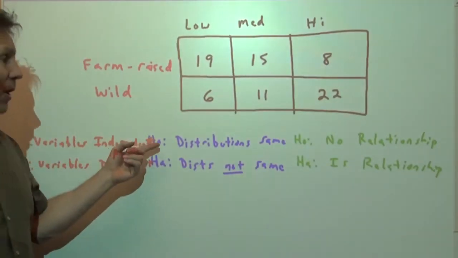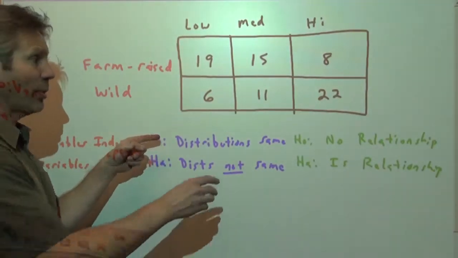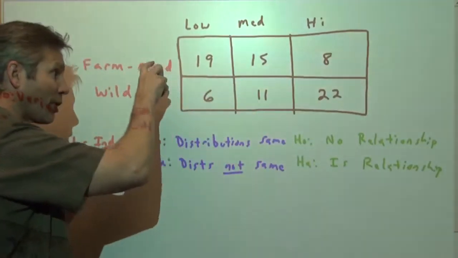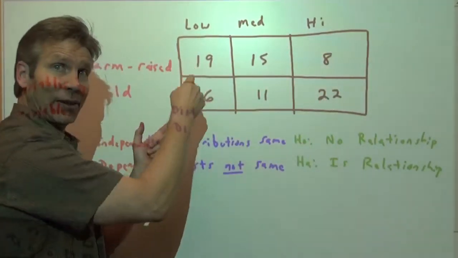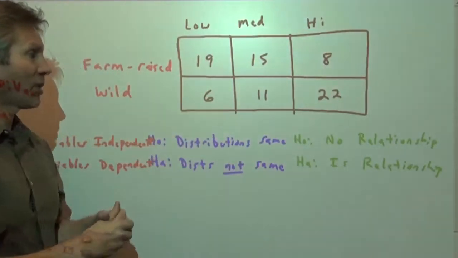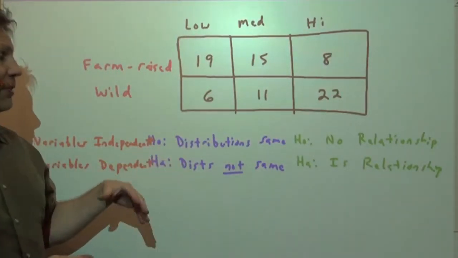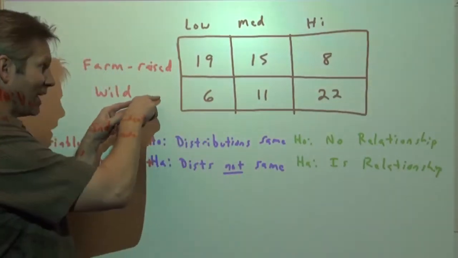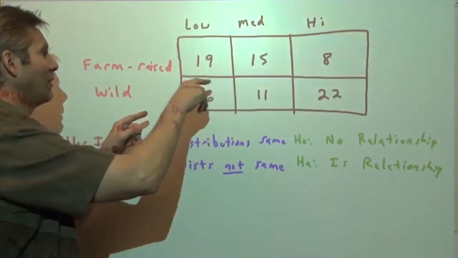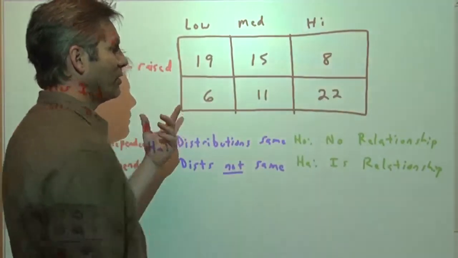In that case, the null is the distributions are the same. Because remember, if there's no relationship, we're expecting that they're the same. That's how we were able to get the expected counts in there, by doing row total times column total. And then the alternative would be that the distributions are not the same, that there is a relationship, that we tend to get higher ratings for the wild caught than we do for the farm-raised salmon.